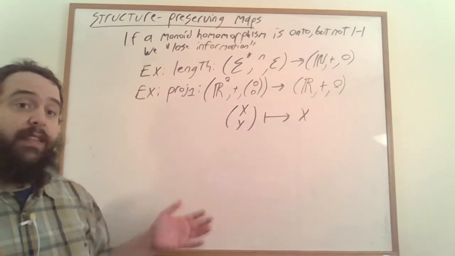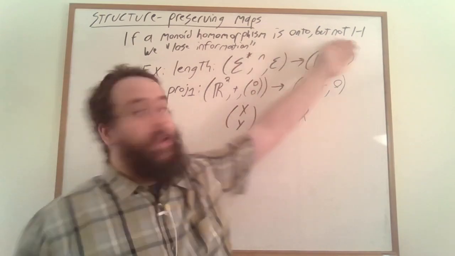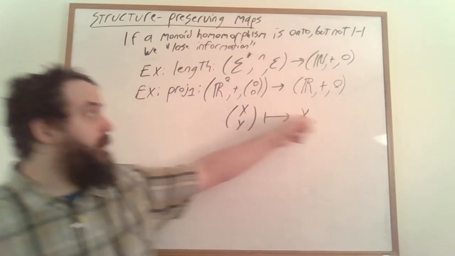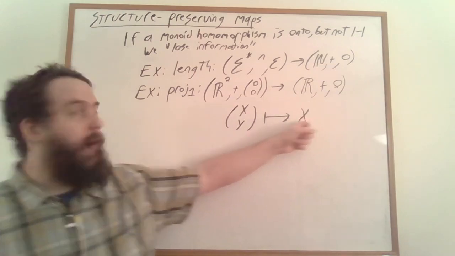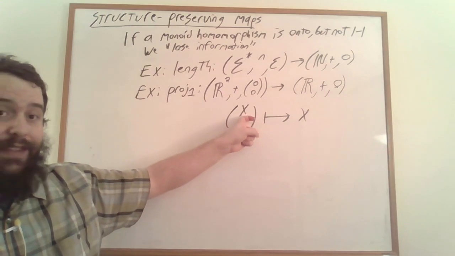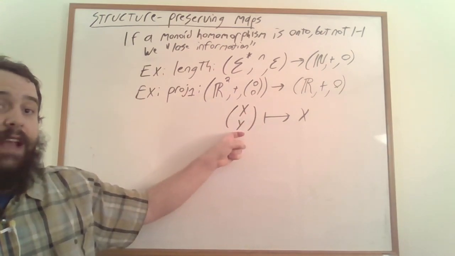Again, you can check that this is a monoid homomorphism, and it's onto, but it's not one-to-one. Here we've retained partially some of the information about the original input. Specifically, we've retained its first coordinate, and we've completely lost its second coordinate.